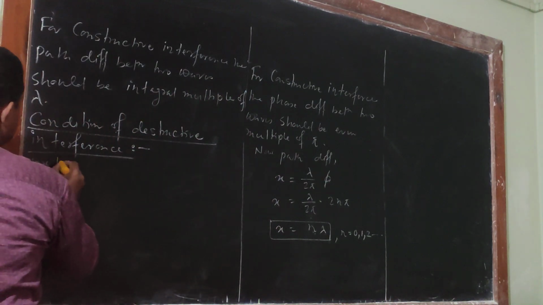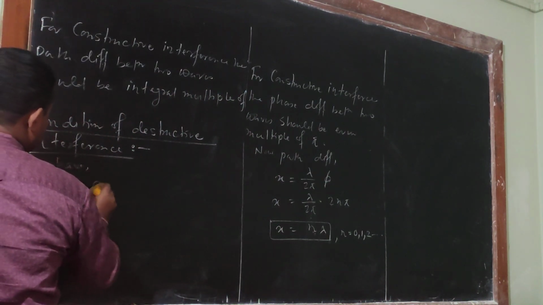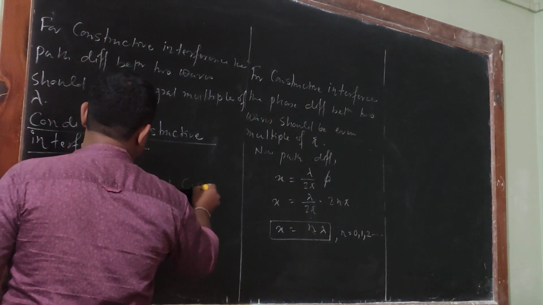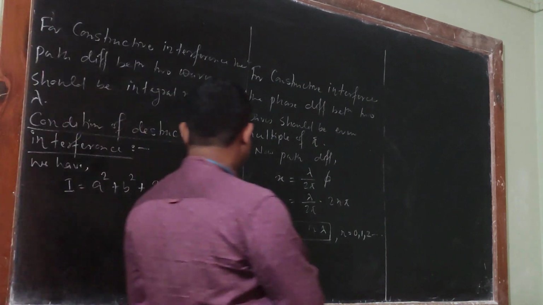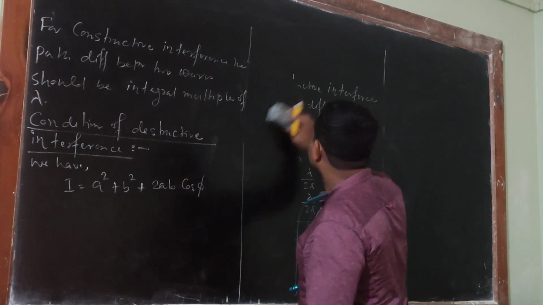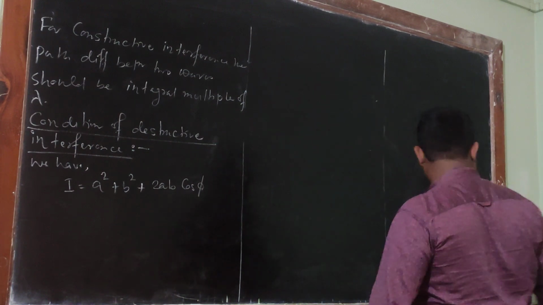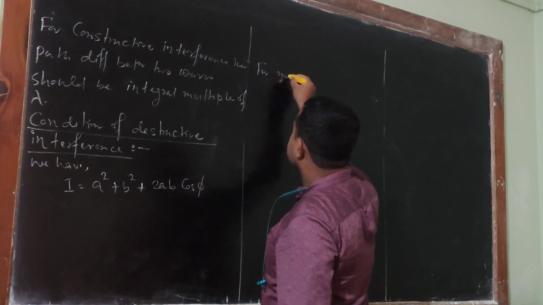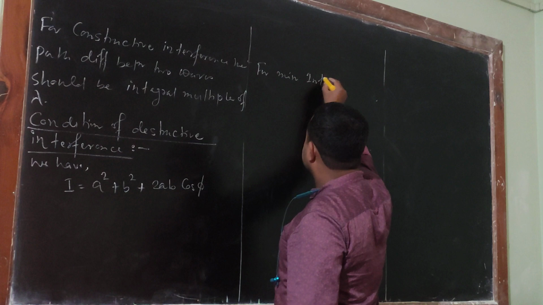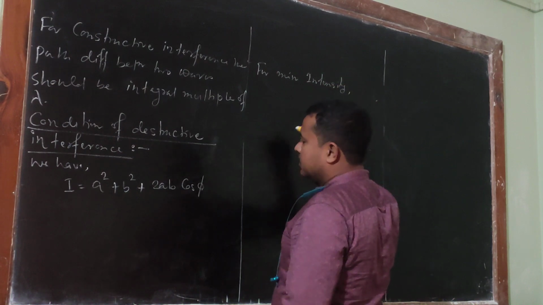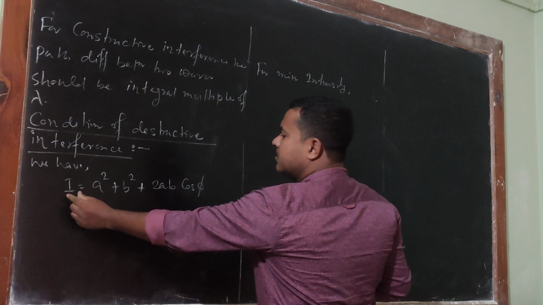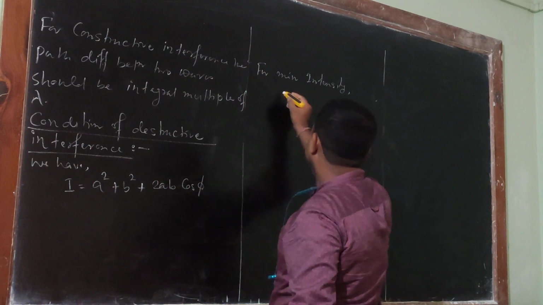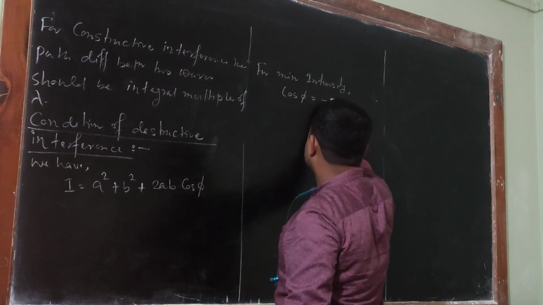So we have I is equal to a square plus b square plus 2ab cos phi. As we know, in destructive interference the resultant intensity is minimum. So under what condition is this minimum? If cos phi is minimum, and the minimum value of cos is -1. So cos phi is equal to -1.